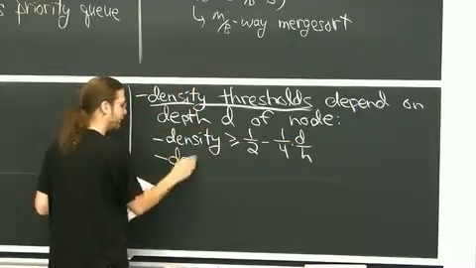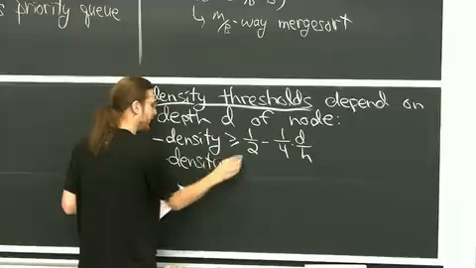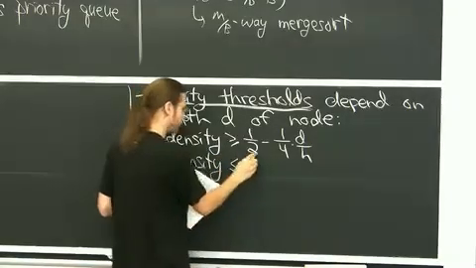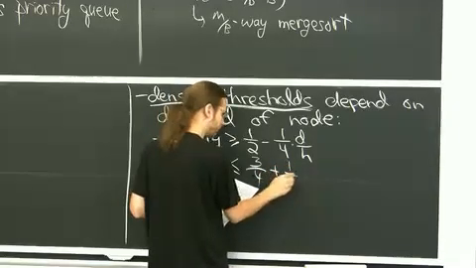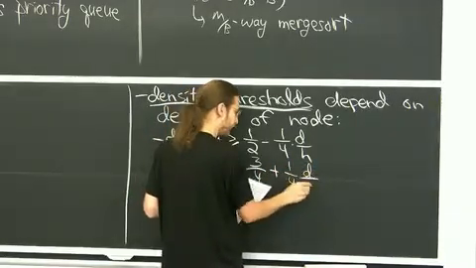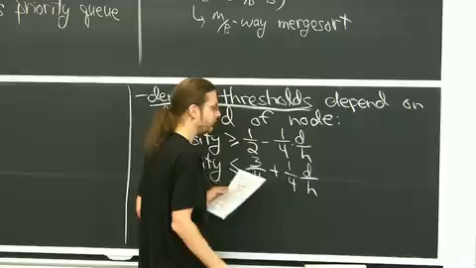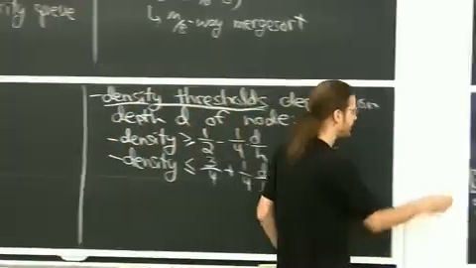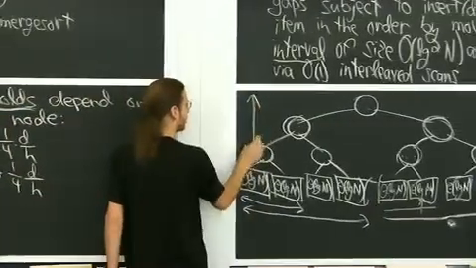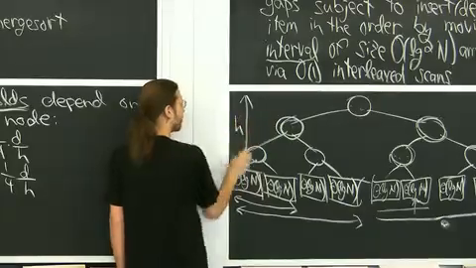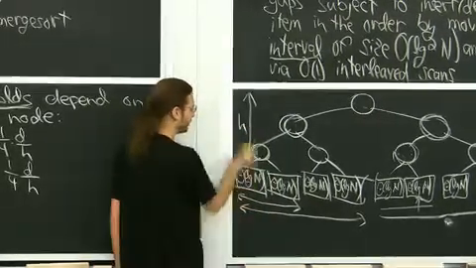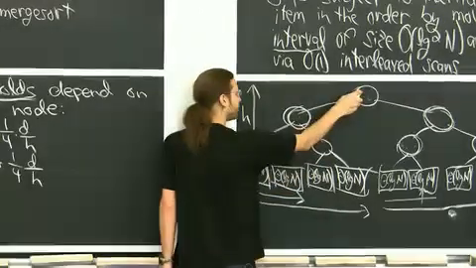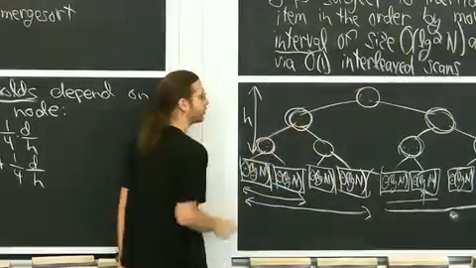And we want the density to be at most 3/4 plus 1/4 d over h. So h here is the height of this tree, which is going to be something like log n minus log log n, but it doesn't really matter. Just this is depth 0, depth 1, depth h.